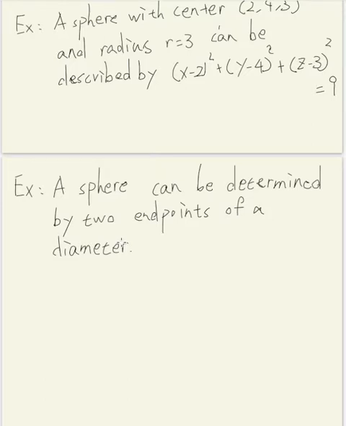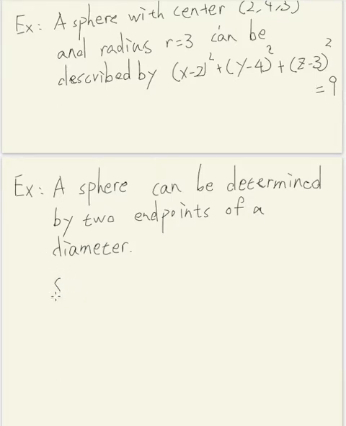But if these 2 points are endpoints of a diameter, then if you connect these points, that line is the diameter of the sphere, and the center lies in the middle of the diameter, right? So we can determine the center from these two endpoints. If you have the center, you have the radius. Okay, so let's try this.